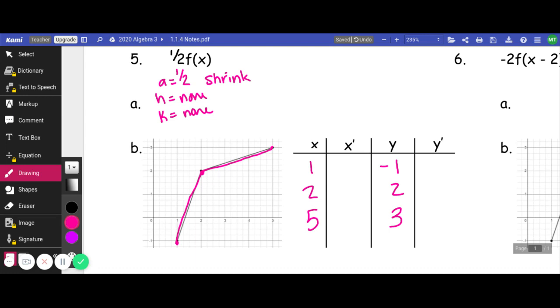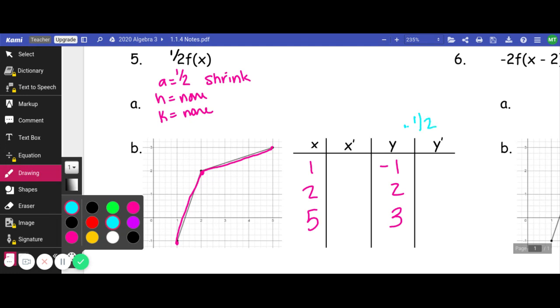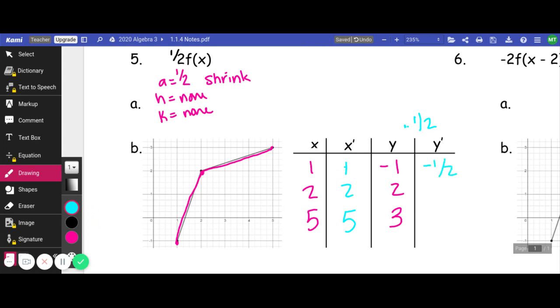So now we have a shrink. So you are going to multiply by 1/2. So when you multiply by 1/2, the X's don't change. So 1, 2, and 5, but the Y's will. So that means negative 1/2, 1, and 1.5, because I'm multiplying 3 times 1/2.